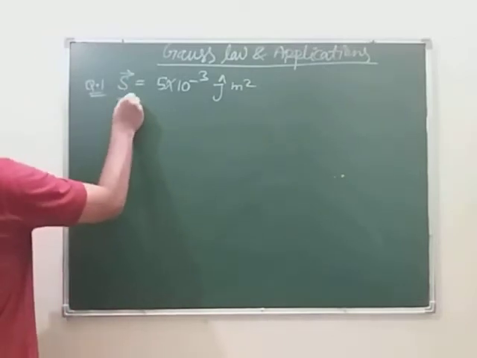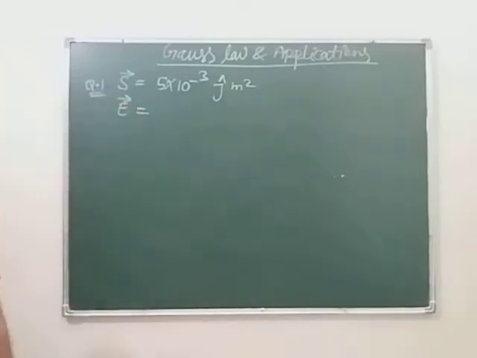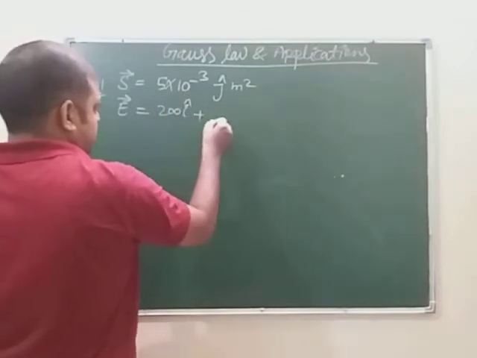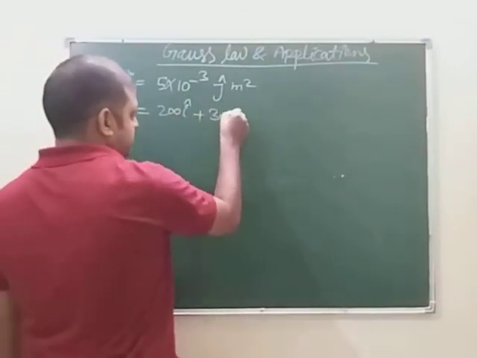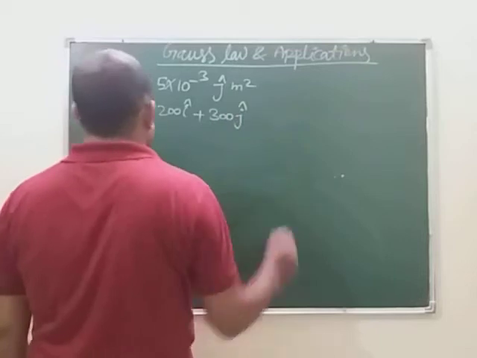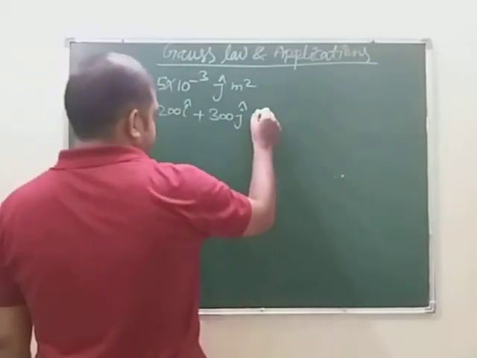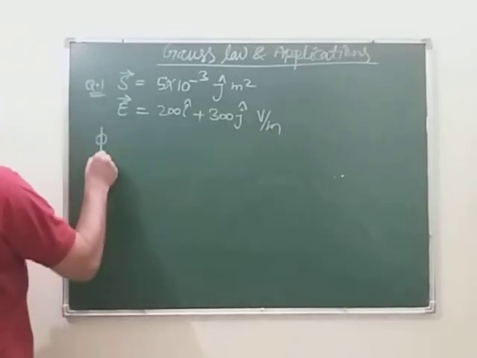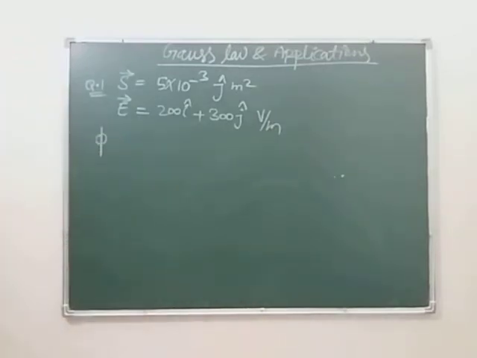E is given, which is 200 I plus 300 J volt per meter. Find the flux. We have to calculate electric flux.